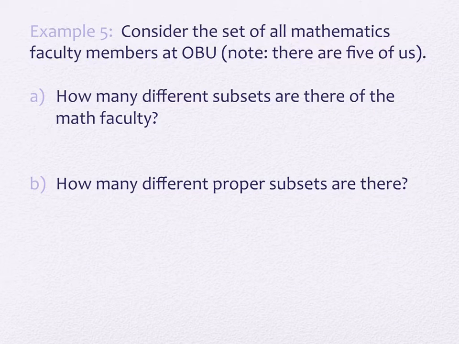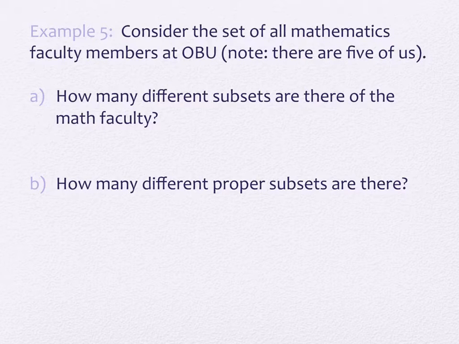Taking a look first at this one, it says consider the set of all mathematics faculty members at OBU. And if you didn't know, there are actually 5 of us. So the first question says, how many different subsets are there of the math faculty? So if you were told some math faculty got together, how many different ways could that happen? That's the idea.